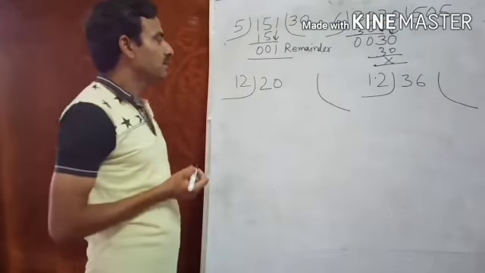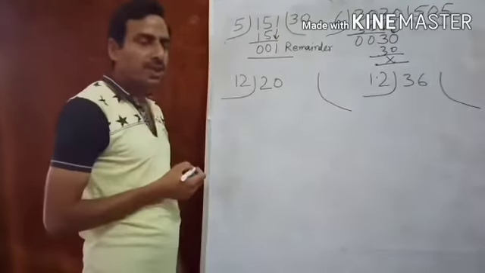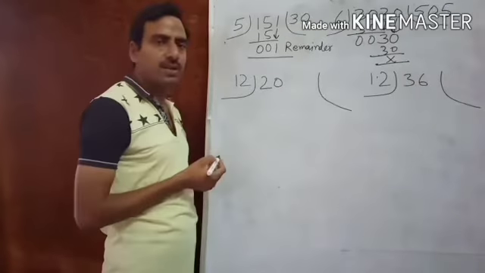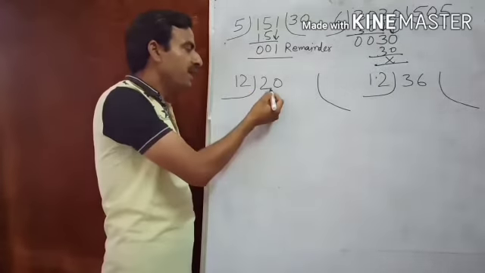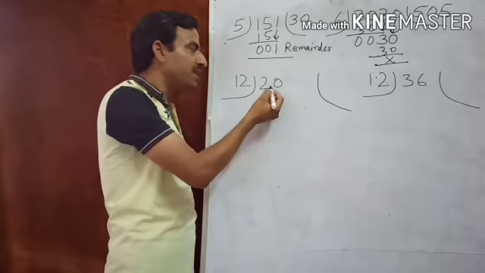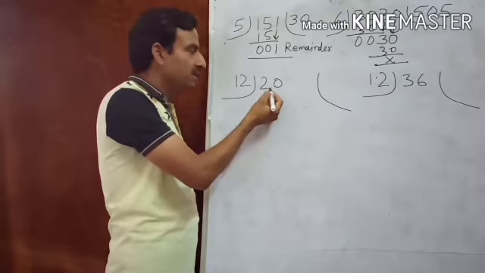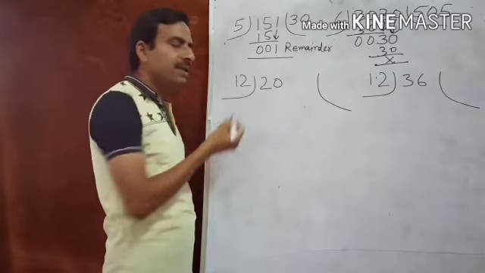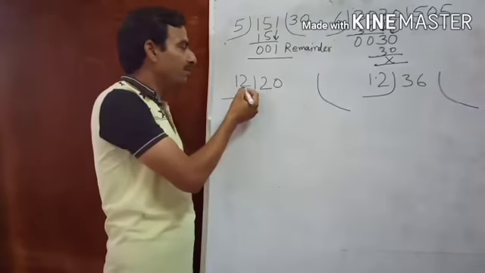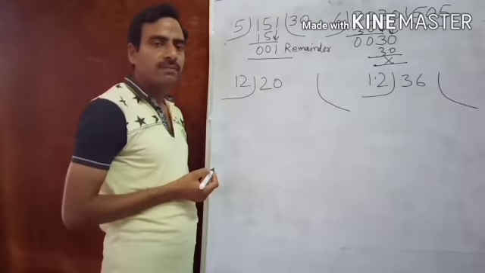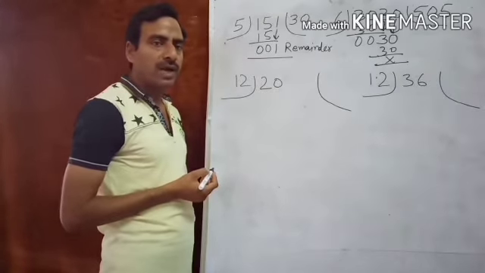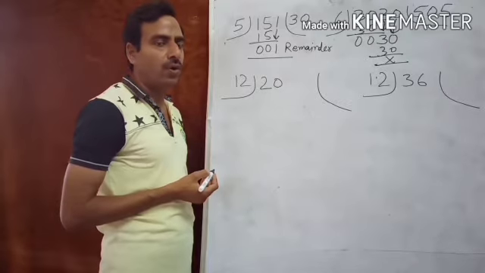Next question is 20 divided by 12. It is a 2-digit divisor question. If there are 2 digits in the divisor, then we divide the first 2 digits of the dividend. Here 20, here 12. We divide 20 by 12. Read the table of 12. 12 1 is 12, 12 2 is 24.